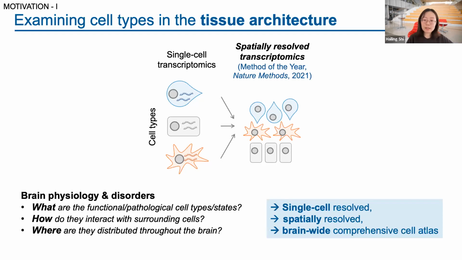For example, for a comprehensive understanding of brain physiology and especially brain disorders, it is critical to understand what gene expression features are linked to functional or pathological cell states. How do surrounding cell types respond to these disease-related cells? And is there any regional specificity or regional specific vulnerability to such pathological states? Answering these questions requires a single cell and spatially resolved method, and ideally one with brain-wide coverage to give a comprehensive characterization.